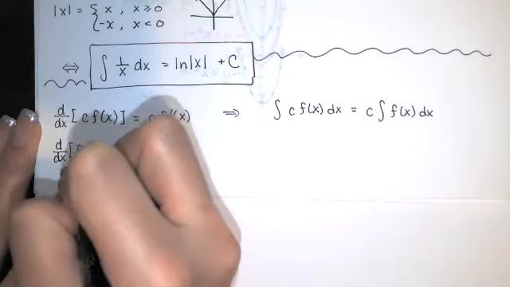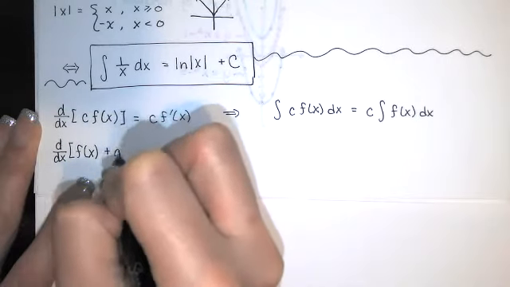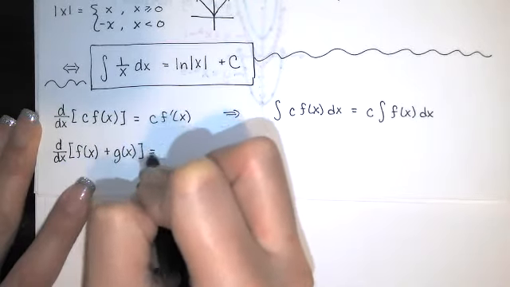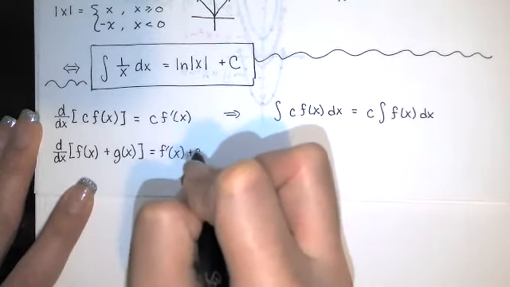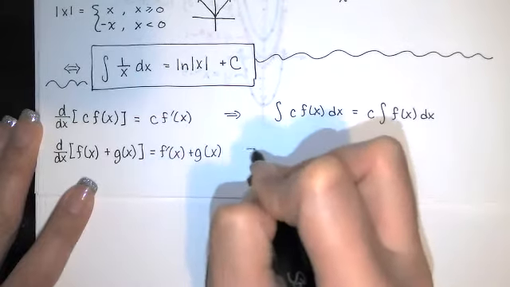Now, if I'm taking the derivative of a sum of 2 functions, the derivative of the sum is the sum of the derivatives. So we get f prime of x plus g prime of x.